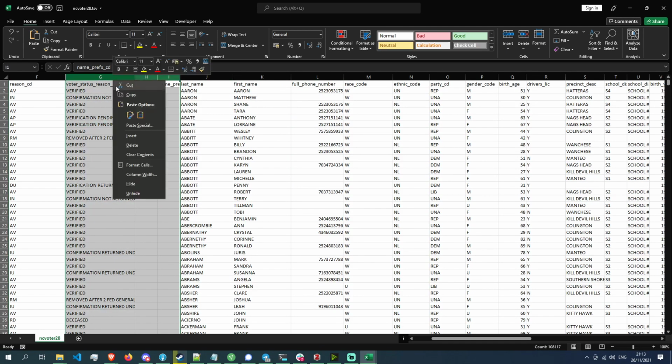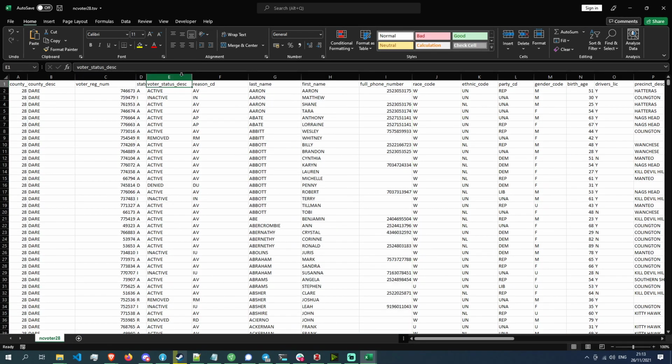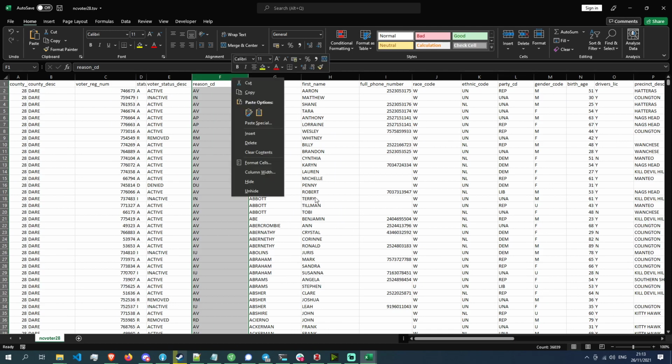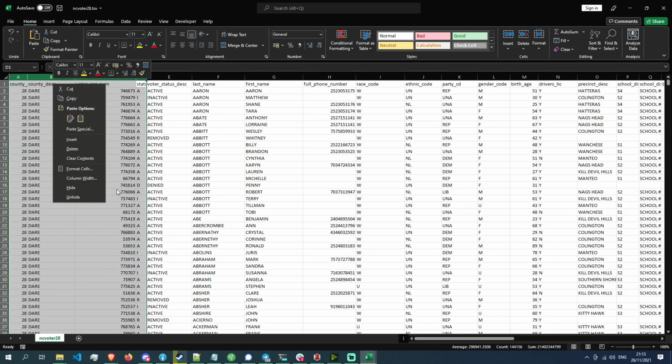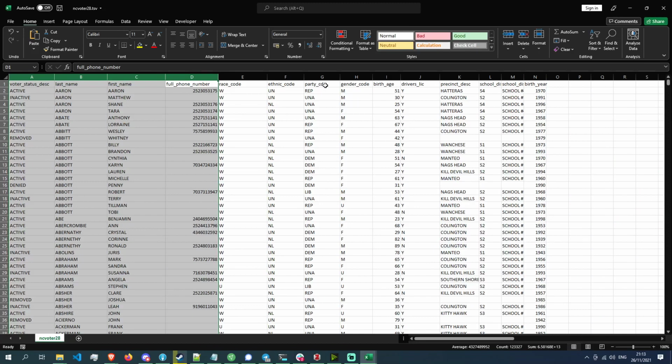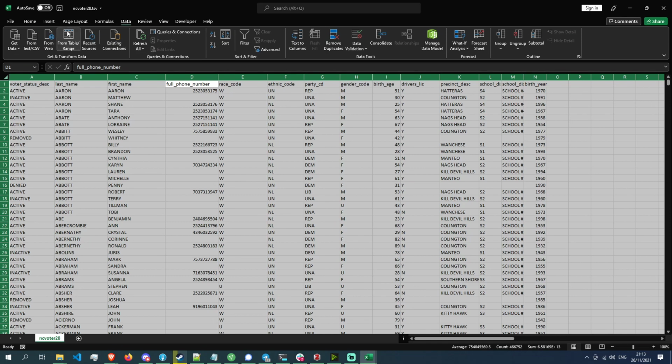Voter status reason, let's get rid of this. The reason why I'm getting rid of a lot of columns is because we want to be able to filter. We don't need this. County, we don't care because it's all the same county. So I've just removed a ton of columns and we'll find out why. I'll just do the fun thing of transforming this into a table.